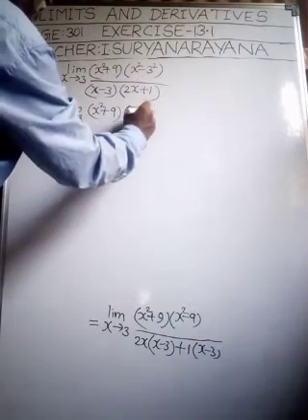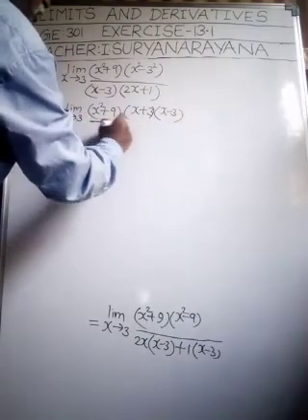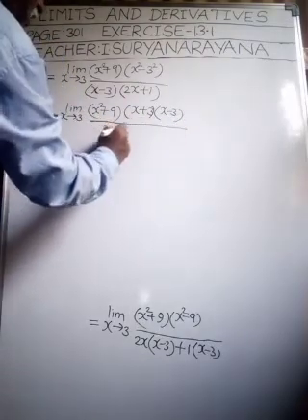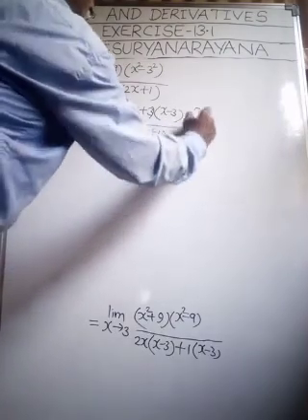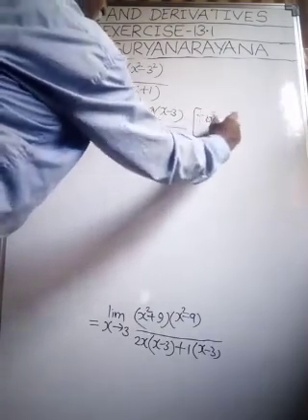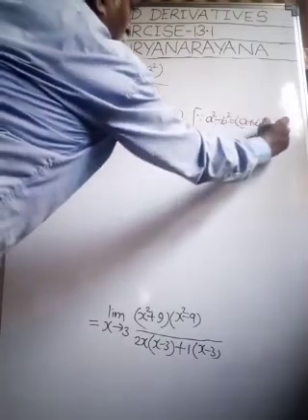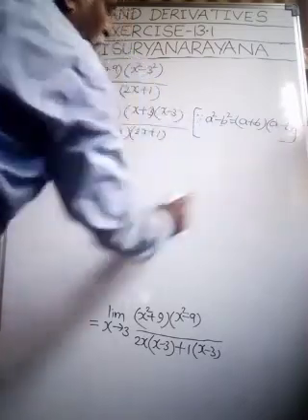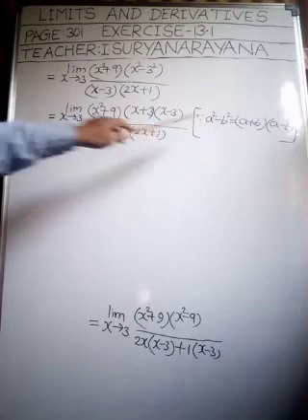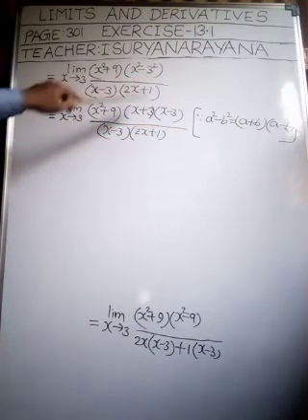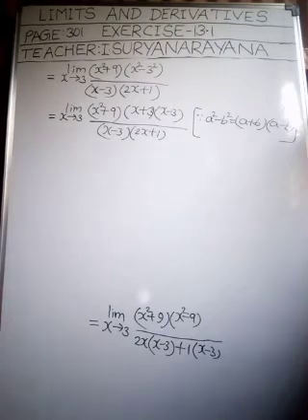So (x plus 3) into (x minus 3), whole divided by (x minus 3) into (2x plus 1), because a² minus b² is equal to (a plus b) into (a minus b). Understood this step, my children? By using this algebraic identity, we factorized this polynomial. Then we got these two factors. Understood that step, my children?